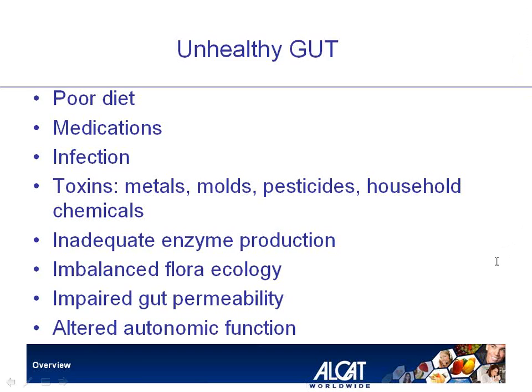Now, the leaky gut needs to be repaired as you do the elimination diet, but ultimately what you have to look for is to get rid of the toxins, detoxify the gut in order to shut down the leaky gut, because if you don't do that, we'll have problems.